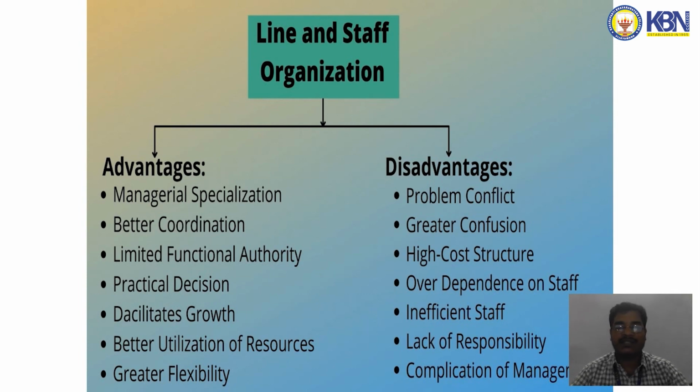So there is a chance of conflict between line and staff supervisors, and sometimes the employees also feel confused about to whom rules should be implemented, or whose decisions they need to abide by. So employees may feel great confusion.